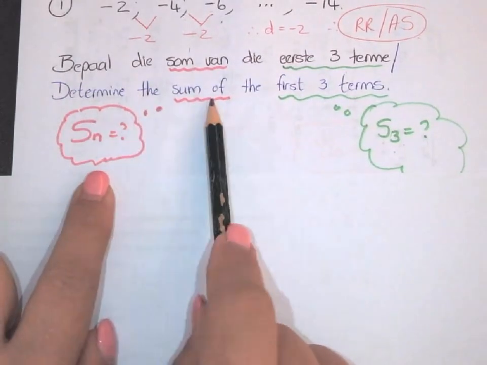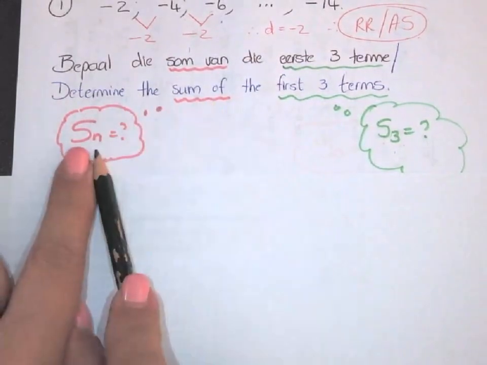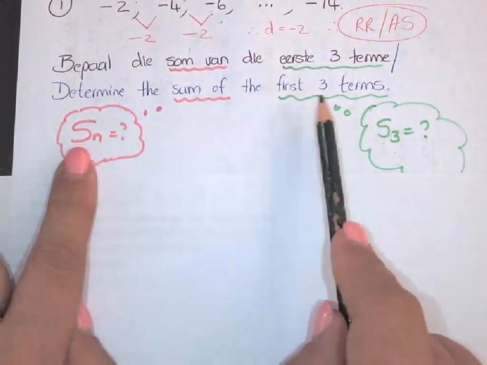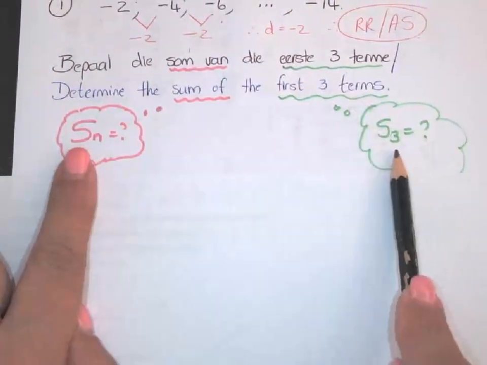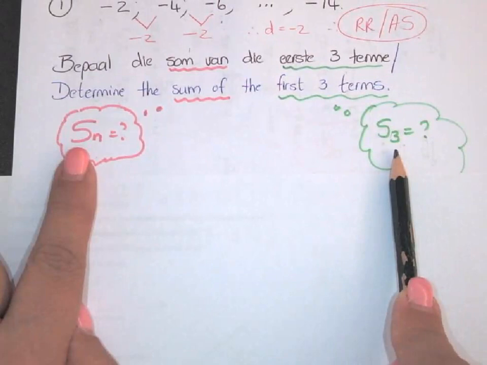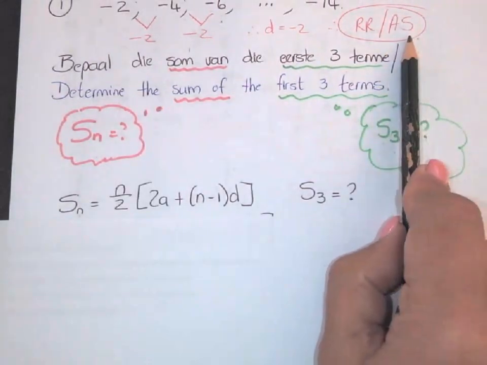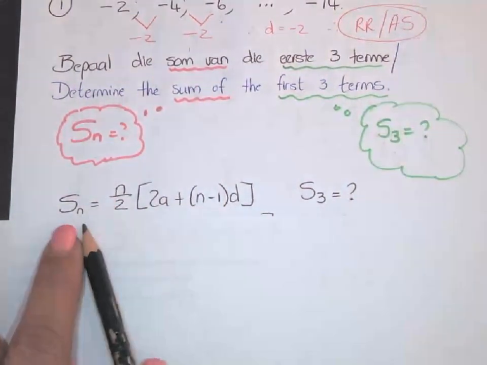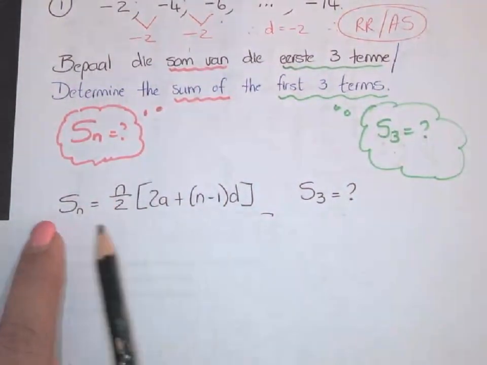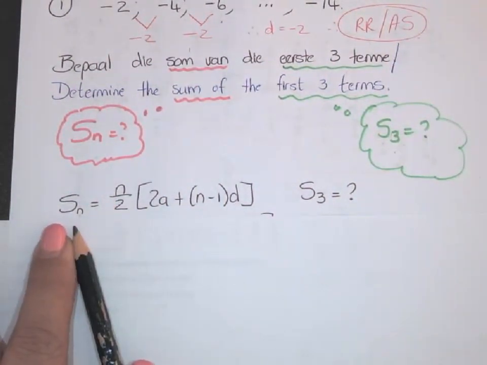Okay, determine the sum means I want Sn. Of the first 3 terms, so n is 3. I know it's an arithmetic sequence, so the arithmetic sequence's sum formula is used.